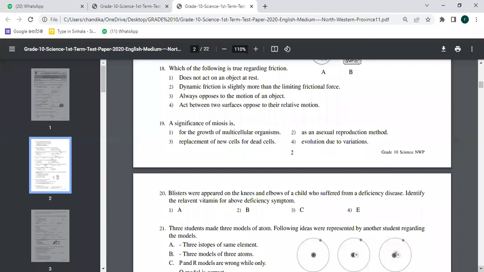Let's consider the first one now. Doesn't act on an object at rest. No, it is acting. If an object is not moving, it still acts on an object at rest.